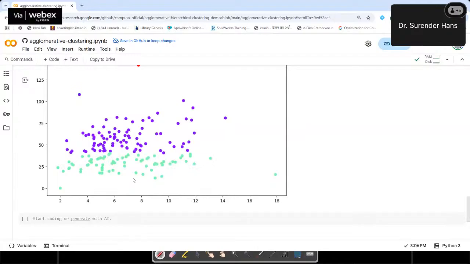Now second, it's difficult to identify the optimal number of clusters.